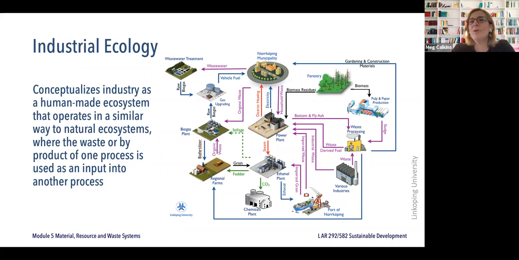In a natural ecosystem, waste is food for another process. So a tree falls down in a natural ecosystem, all those little decay organisms get in there and eat the tree, and they break down and help the tree decay. The waste from those organisms becomes soil. So that's what this means: waste from one process is food for another, or a byproduct of one process is used as an input for another.